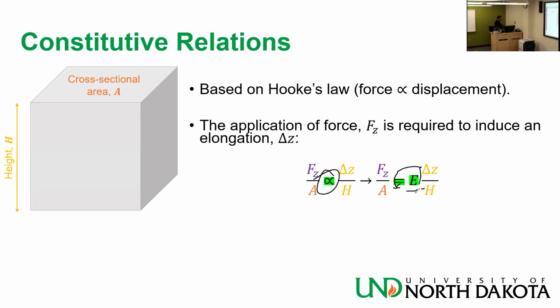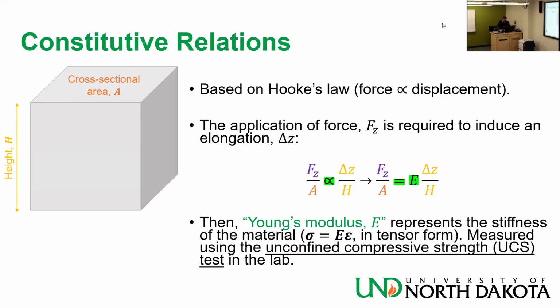The stiffer the material, the more force, the more stress you need to apply to generate a fixed deformation. That's about it, fairly simple. I think you should already be familiar with this from geomechanics. Shouldn't be that bad, easy.